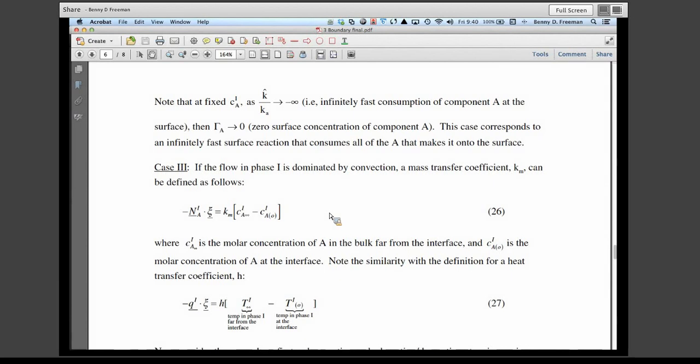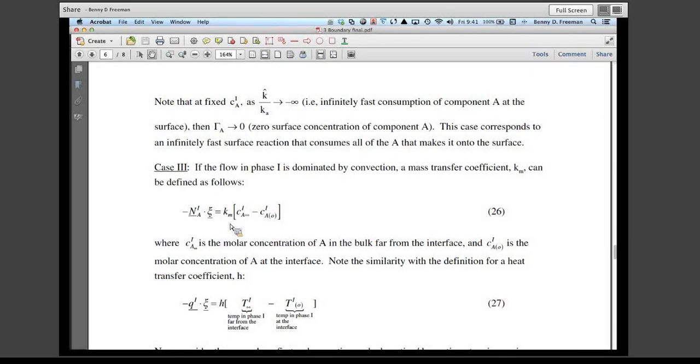Now, I'll show you later how to model this phenomenon in more fundamental detail, but for now we'll just note that in these cases, very typically in chemical engineering, we will write the net rate at which component A comes to that phase interface in terms of a so-called mass transfer coefficient.